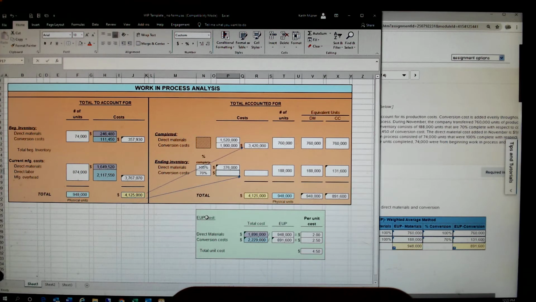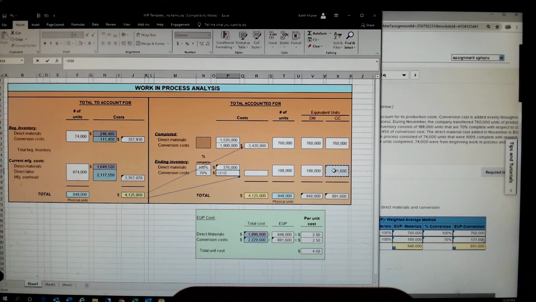How about conversion costs? They don't have the full conversion cost. One whole unit has $2.50 of conversion costs. How many whole units with regard to conversion costs do these 188,000 represent? They represent 131,600 whole units. So they would have the equivalent of the conversion costs in 131,600.